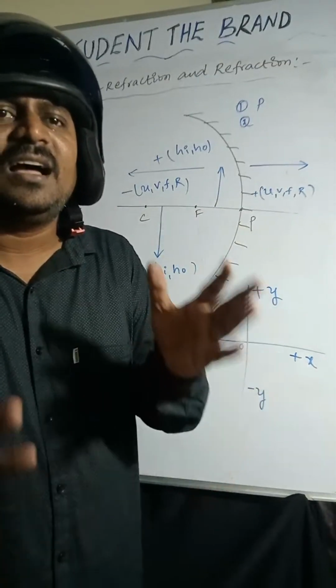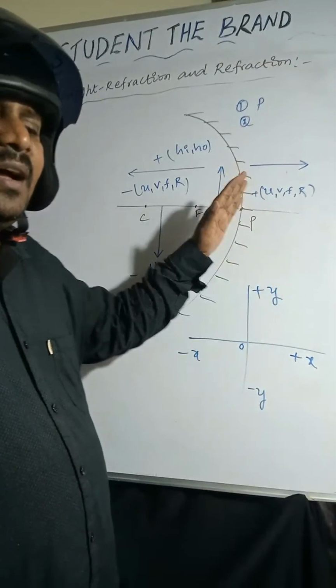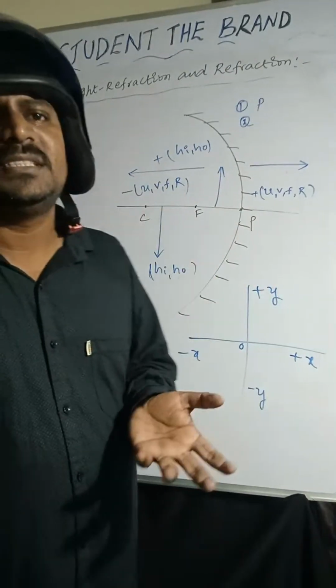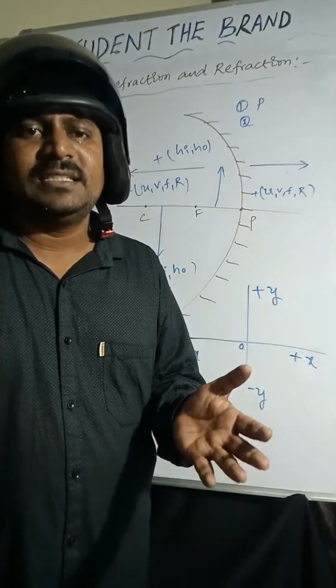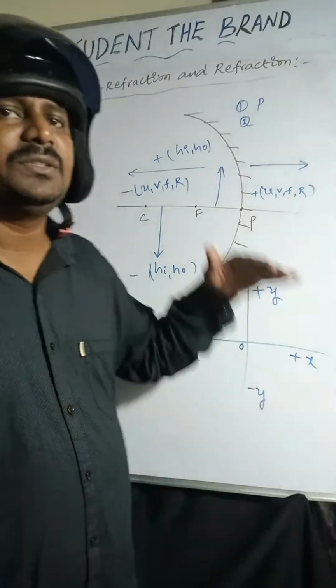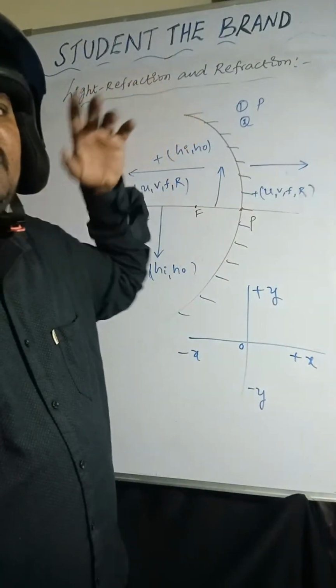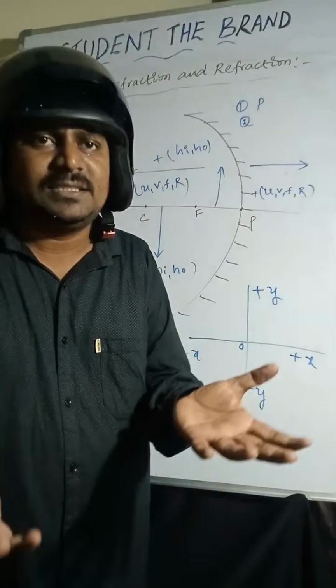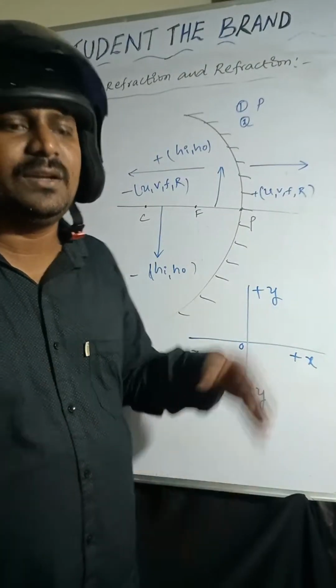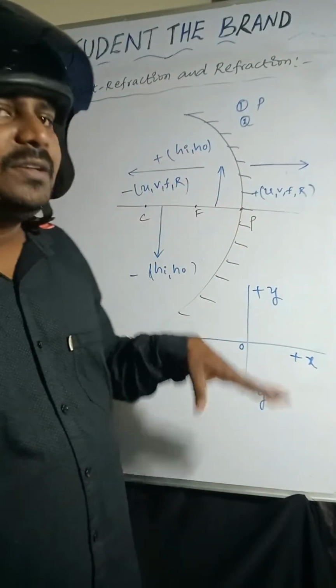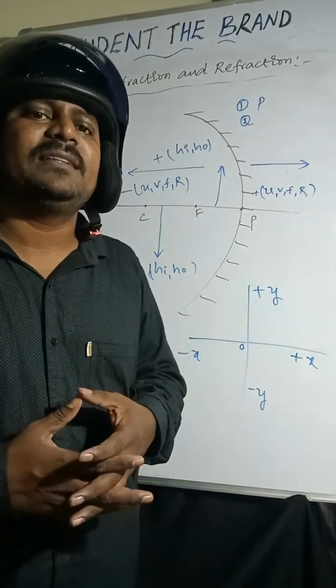Distances are negative opposite to incident rays. Distances are positive above the principal axis. Distances are negative below the principal axis.